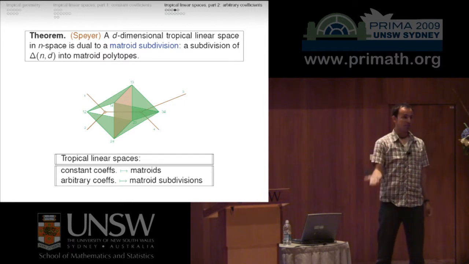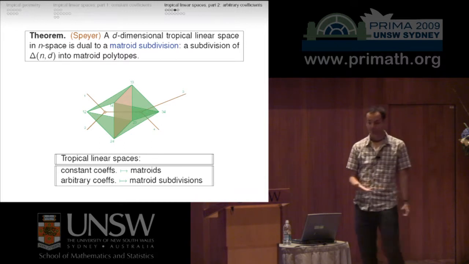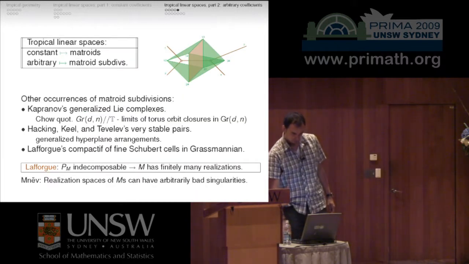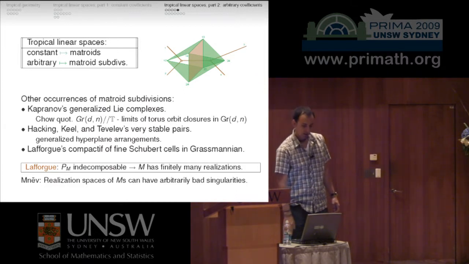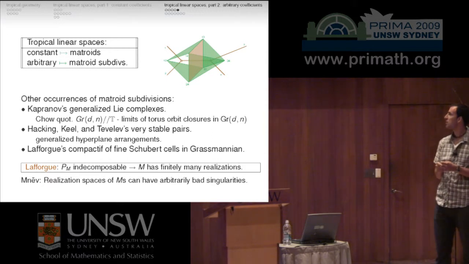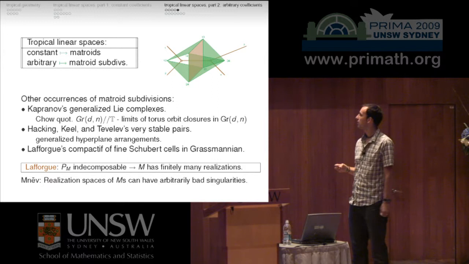If you want to understand the arbitrary coefficient case, you go into the theory of matroid subdivisions. These matroid subdivisions also have several very natural geometric interpretations, but in the interest of time, I shouldn't say too much about them.